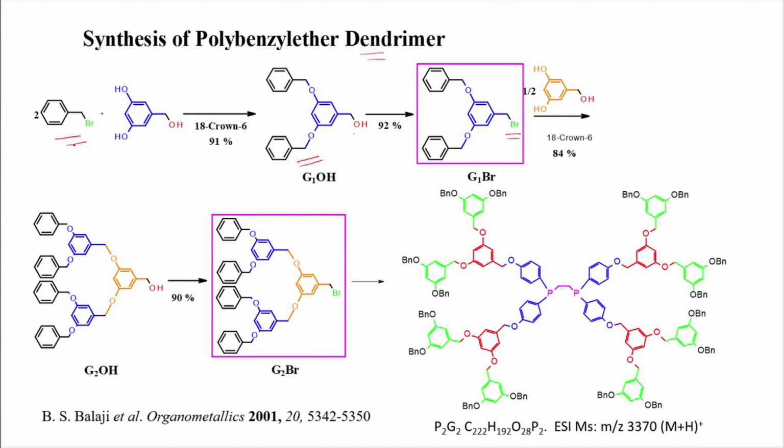We start from one single unit, and we build up by adding multiple units to the system. We end up with the generation 1 or generation 2 products, and this generation 2 product can be further elaborated to give these kinds of polybenzyl ether dendrimers as shown here. These are some of the applications of benzylic bromides in organic synthesis.